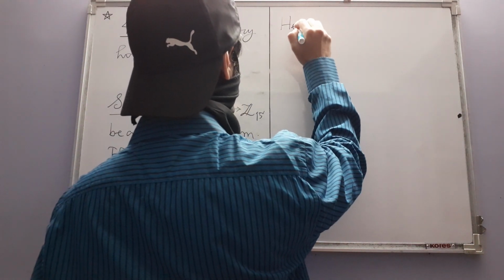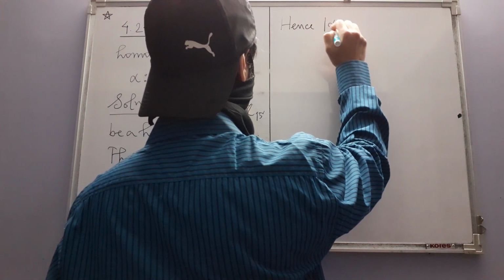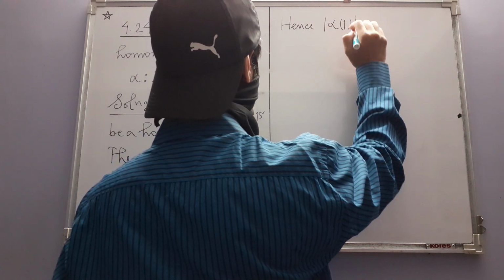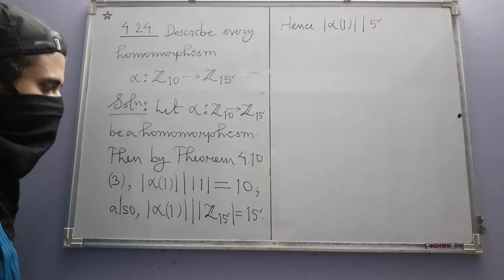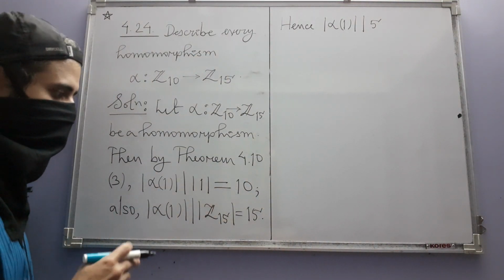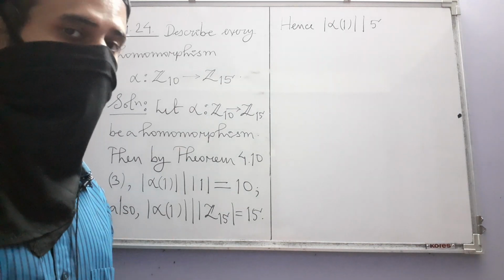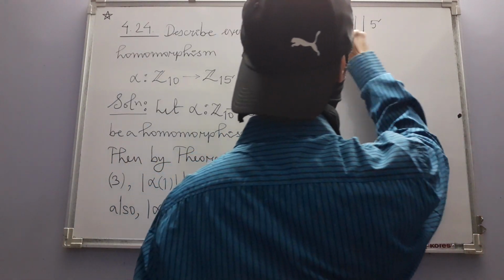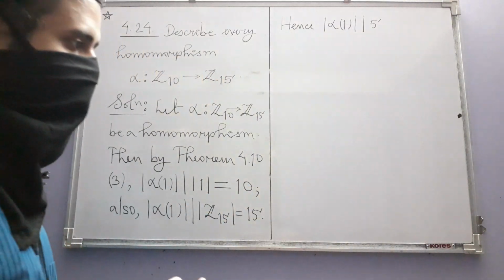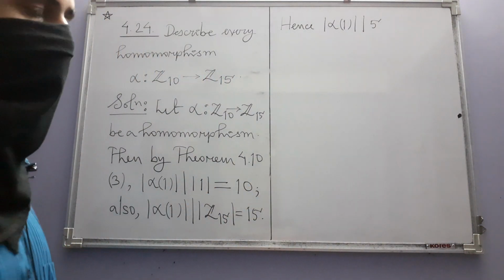Hence, this order divides 5, because it divides 15 and 10, so it should also divide 15 minus 10, which is 5. But 5 is a prime, and the order of an element by definition is a positive integer.